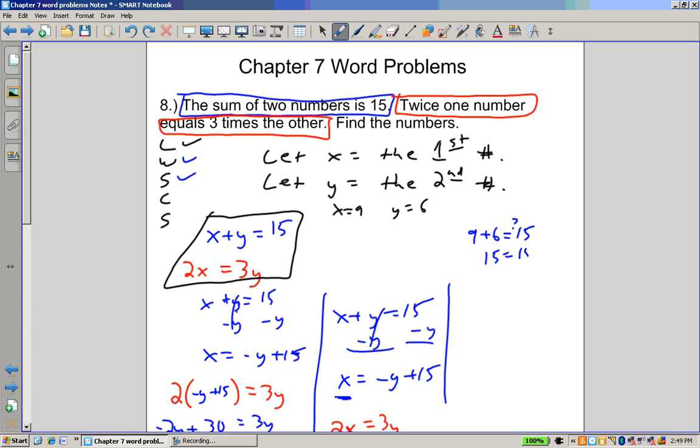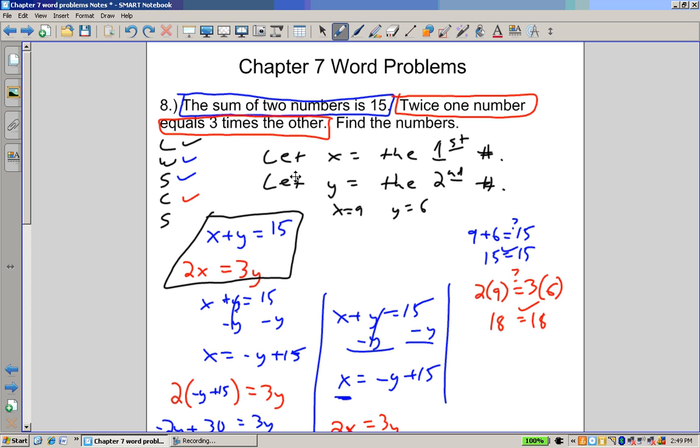Well, that's true. It does work out. In the red, 2 times x, 2 times 9, is supposed to be 3 times y. 2 times 9 is 18. 3 times 6 is also 18. Boom, there you go. So 18 equals 18. We've checked it. It does check out.